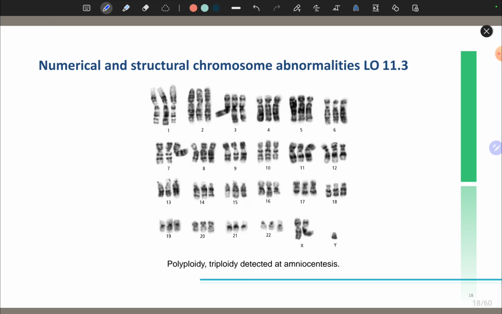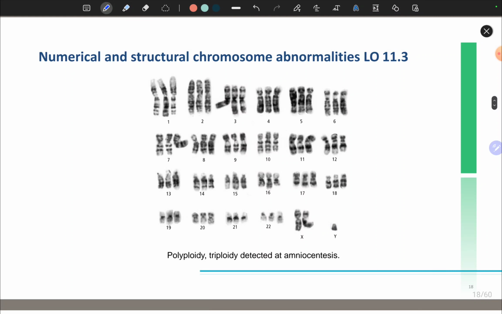Later we will check that fact. So polyploidy, which is here, it is triploidy, detected at amniocentesis. Amniocentesis is a procedure by which we aspirate, or take out, the amniotic fluid, the fluid which surrounds the fetus.